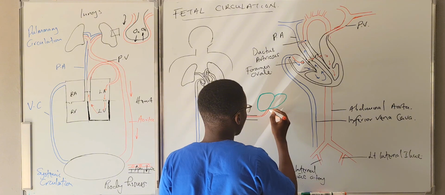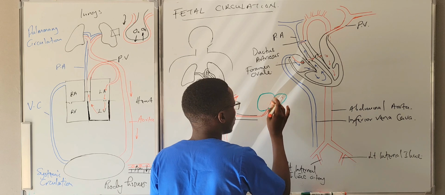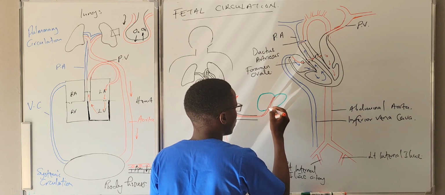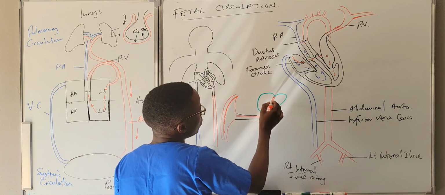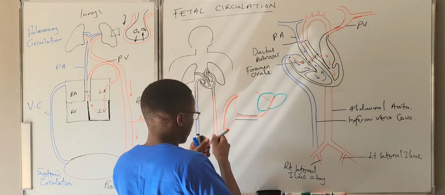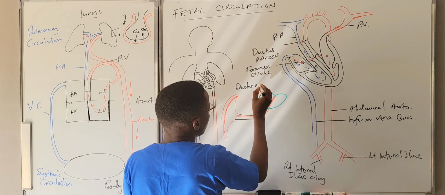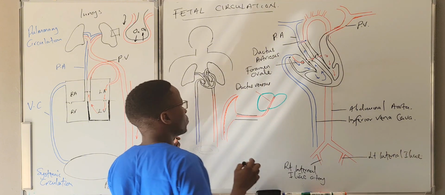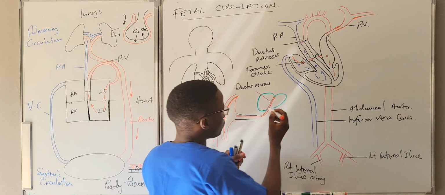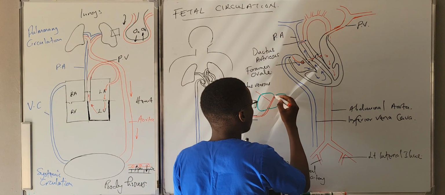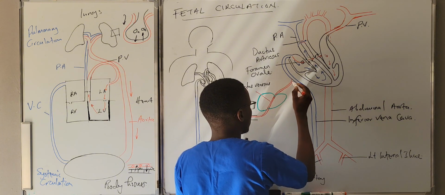This umbilical vein passes through the liver and what is called the ductus venosus. Then it emerges from there and joins the inferior vena cava.